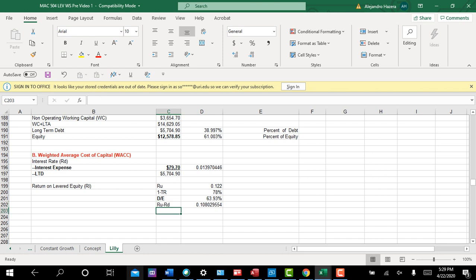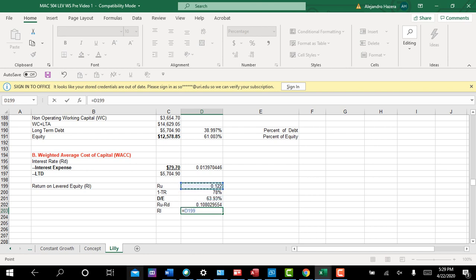The equation for the return on levered equity is as follows, and I'll write it out in text in a second. You take the return on unlevered equity and add to that 1 minus your tax rate, which is right there. I'm doing it right so far because I have parentheses right there.